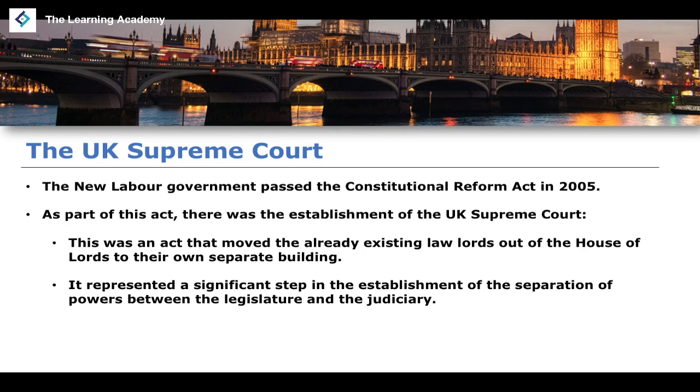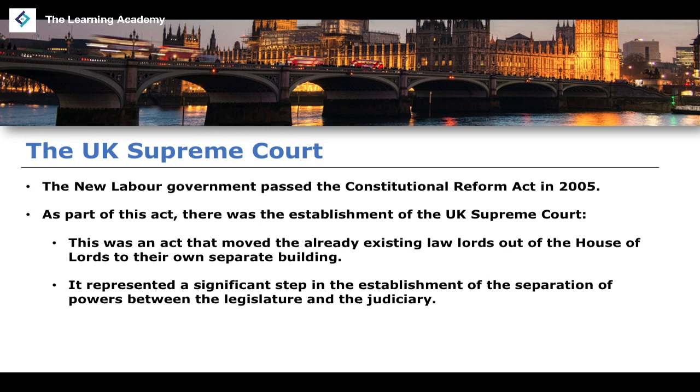It seemed to be the case that it wasn't particularly helpful to have the law lords sitting in the House of Lords judging and effectively adjudicating over legislation that was passed through that same institution. A certain amount of separation ought to have been in place, and that's what the Constitutional Reform Act did. It also did a number of things. It changed the role of the Lord Chancellor and therefore separated powers even more in that regard.